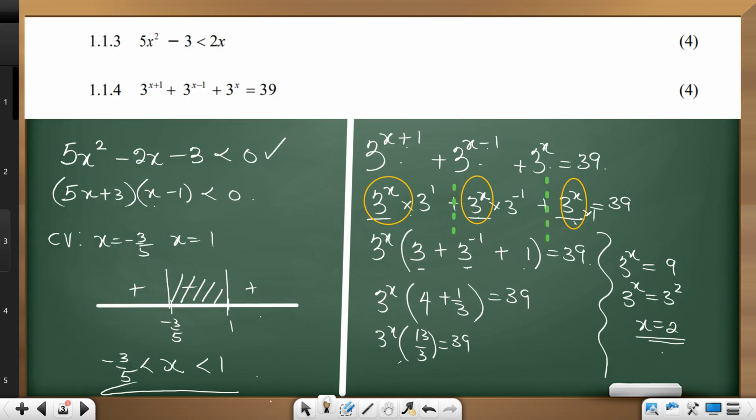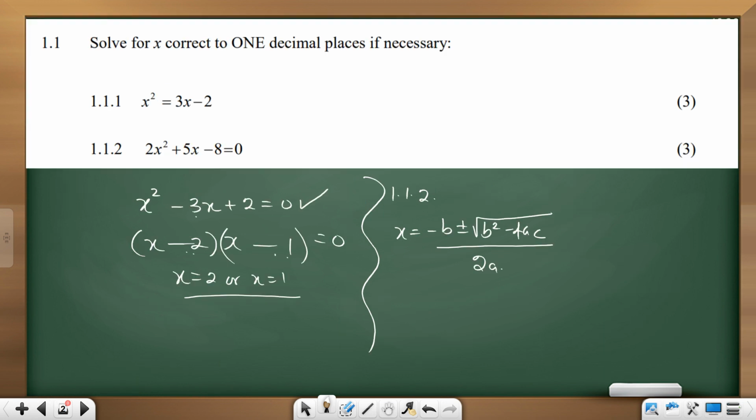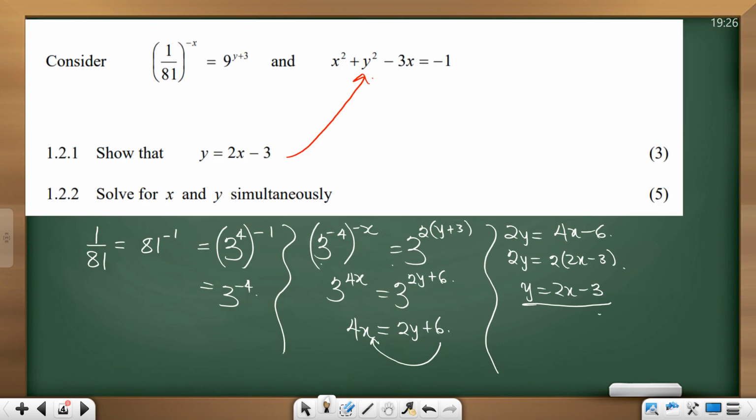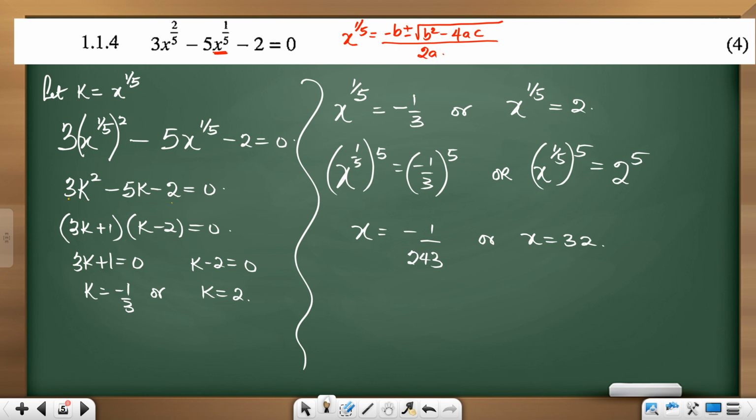Remember how we solved all of this. Very, very important that we go through and solve. We use our critical values and our number line to get all of that. These ones are walk in the parks. We get to inequalities, laws of exponents, simultaneous equations, and then we started from here today.